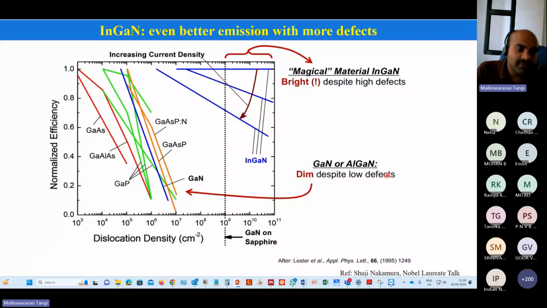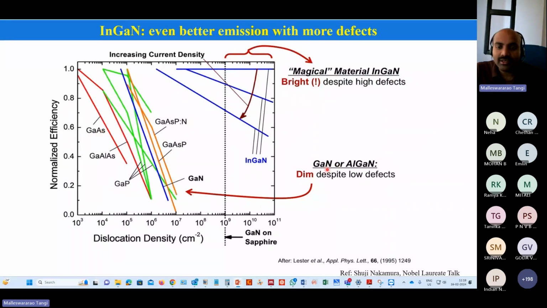So as you can see in this figure, efficiency versus dislocation density. Even though the other materials have low dislocation density, they have efficiency relative to gallium nitride, but gallium nitride shows a very high dislocation density. Even then, it has similar efficiency ranges.